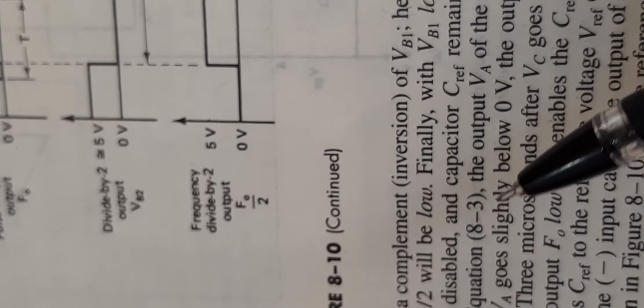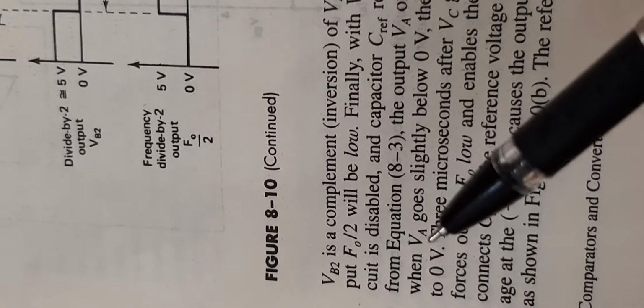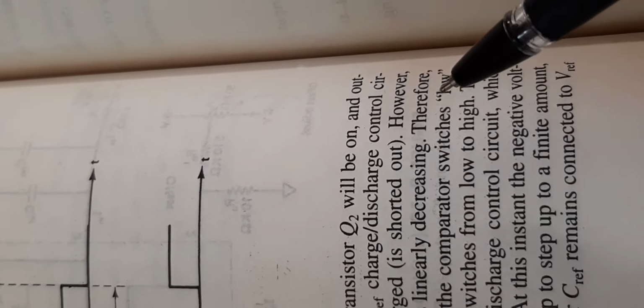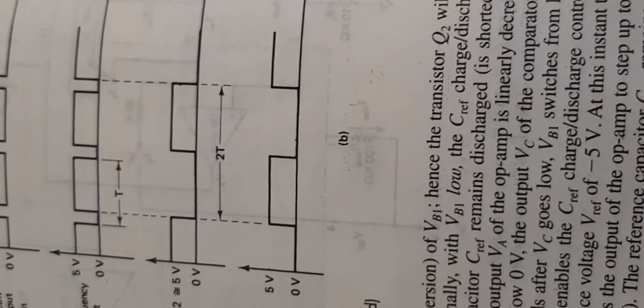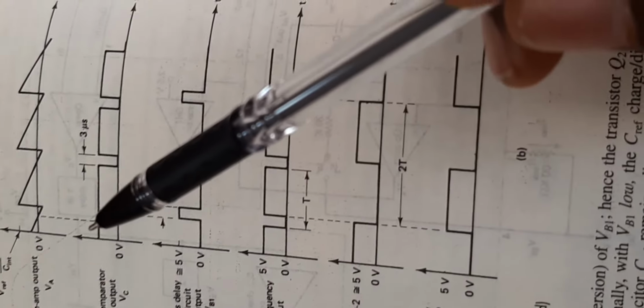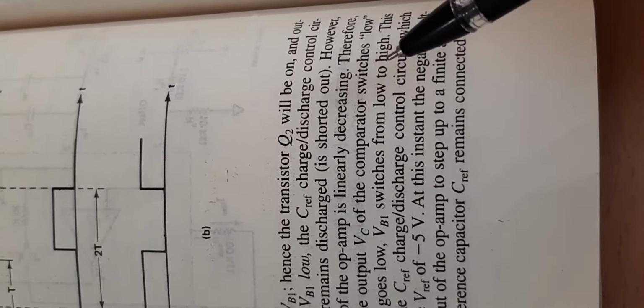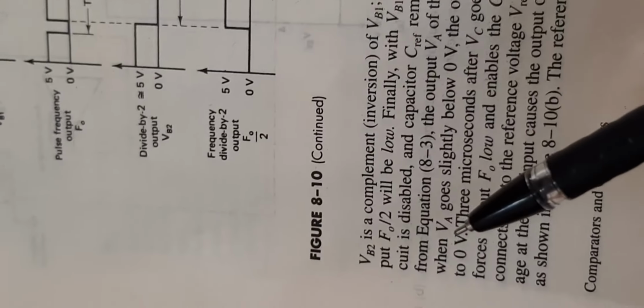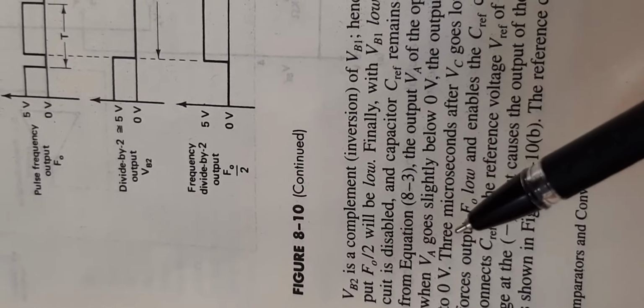You can see that when VA goes slightly below zero voltage, the output VC of the comparator switches low. So here it switches low. VC of the comparator switches low to zero voltage.